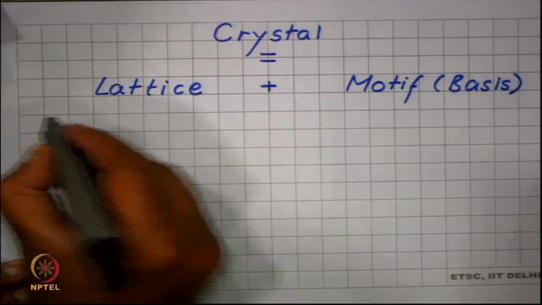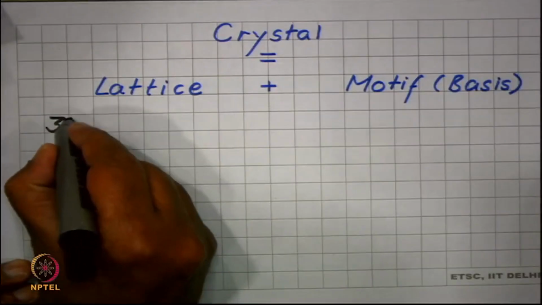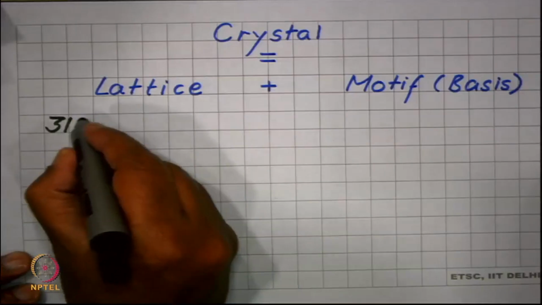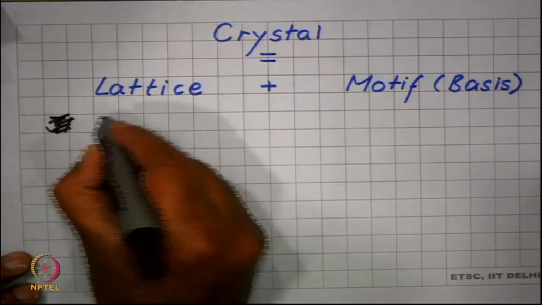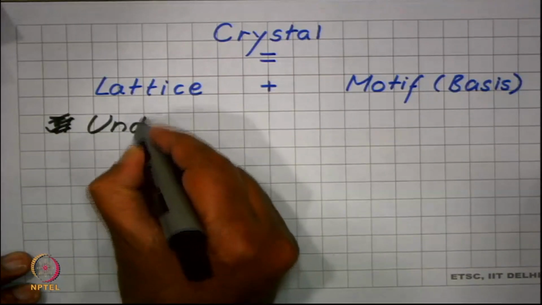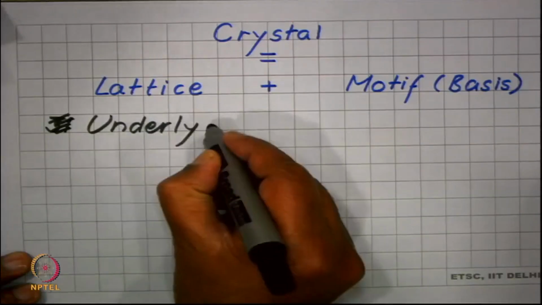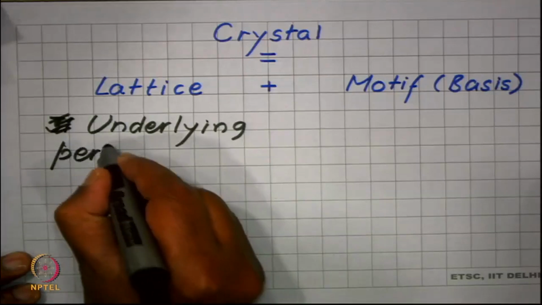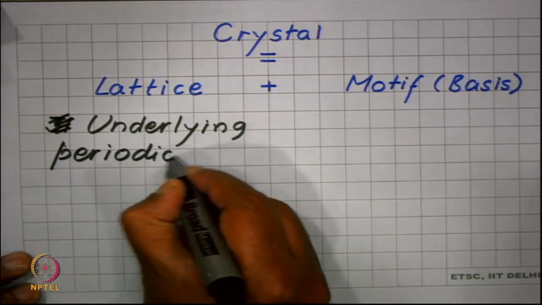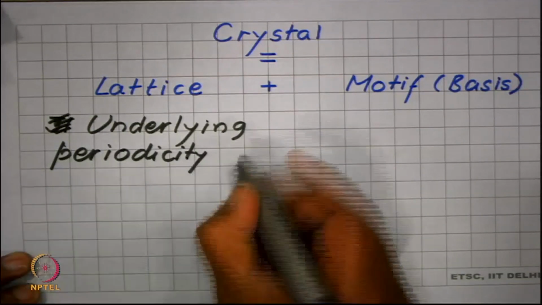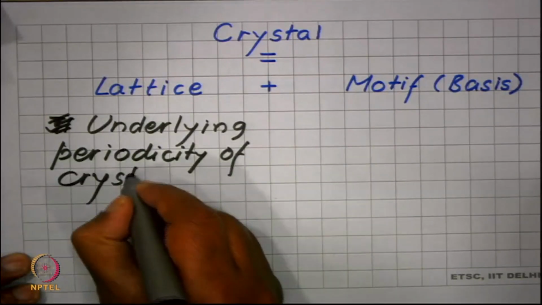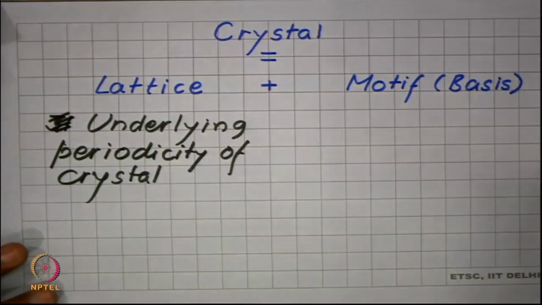So, again, lattice will tell you the periodic arrangement, the underlying periodicity of the crystal.